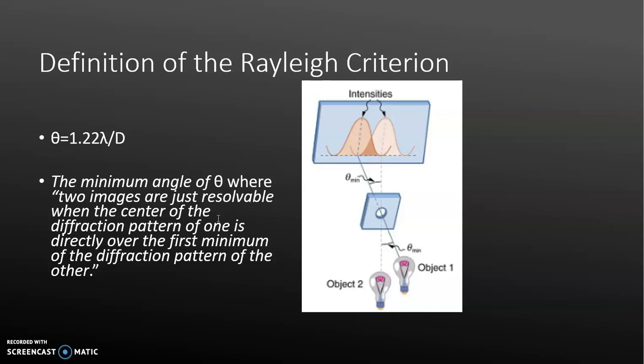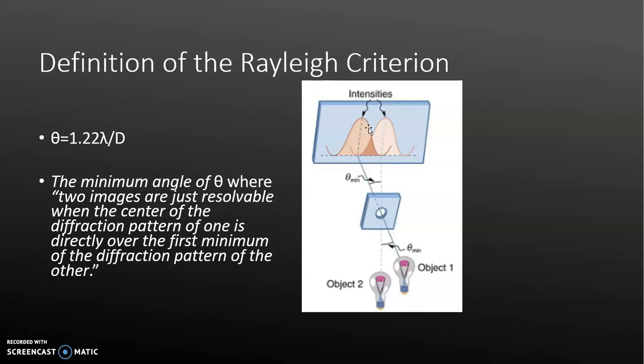And our definition says that this angle, the minimum angle required to meet the Rayleigh Criterion, is when the center of this diffraction pattern is right over the minimum, right here, the minimum of the other diffraction pattern. This is the maximum and the minimum of the right-hand diffraction pattern, and is right at the center.